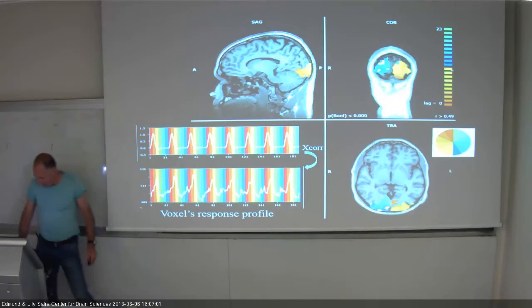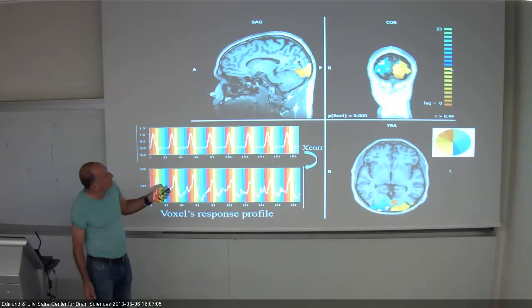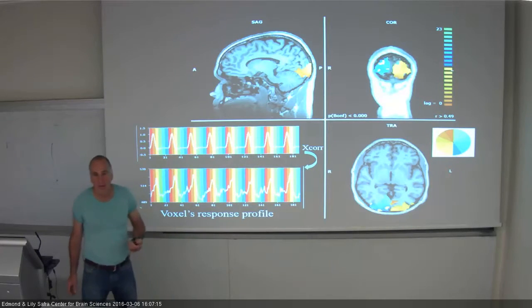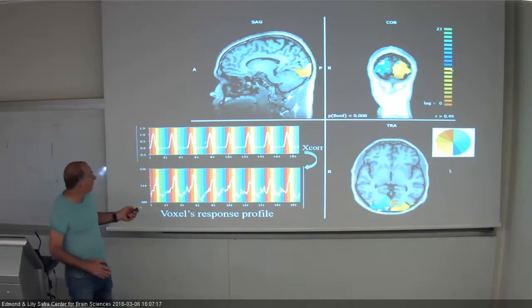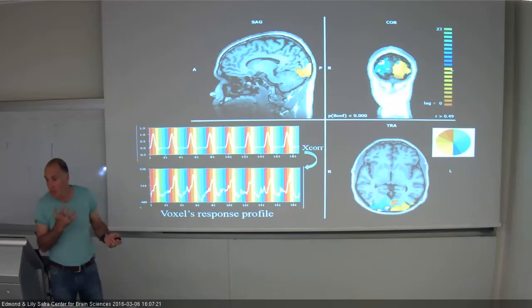Now, if you were to look at a voxel here, it doesn't have any color. Why is that? Take a voxel, let's say in the frontal cortex, outside visual cortex. As we said, the response is going to be completely noisy. So whatever lag you use, the correlation is not going to be above some threshold.